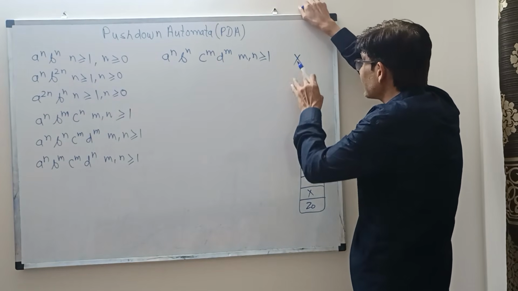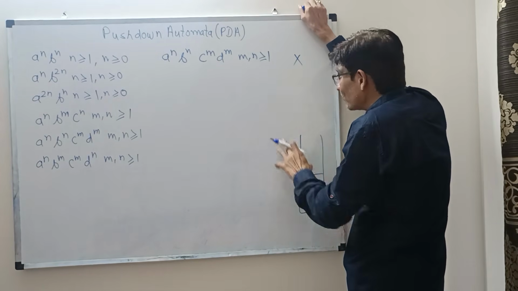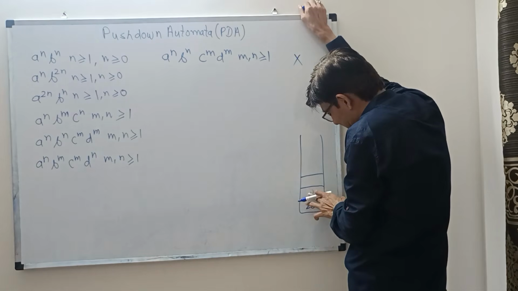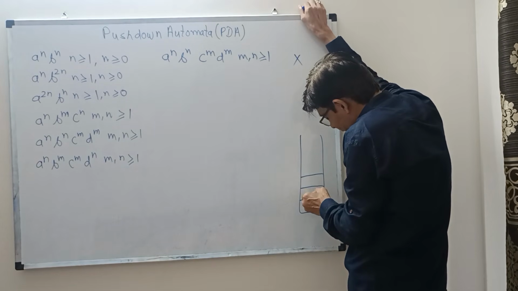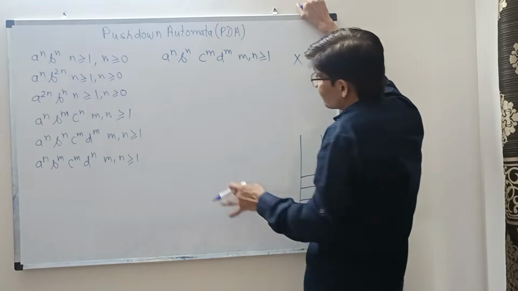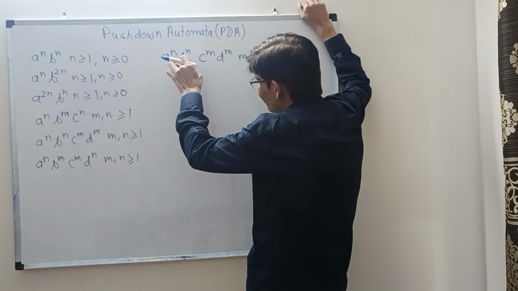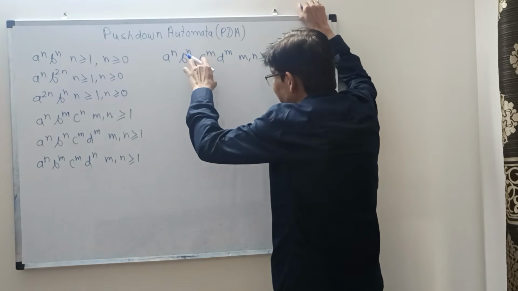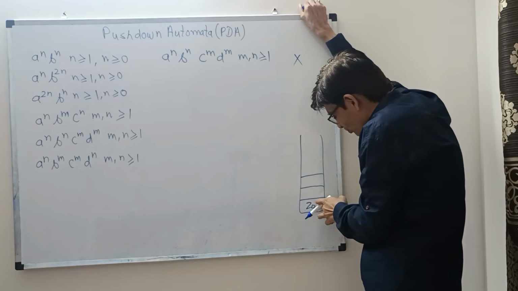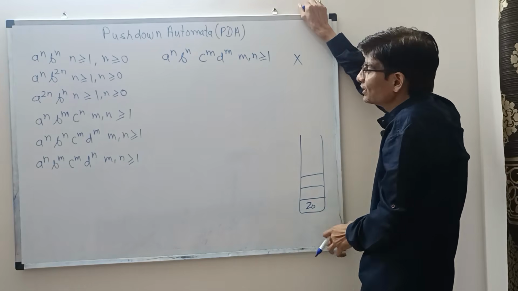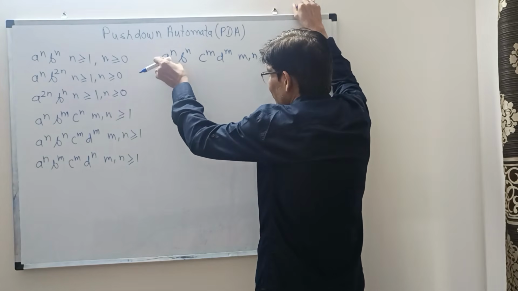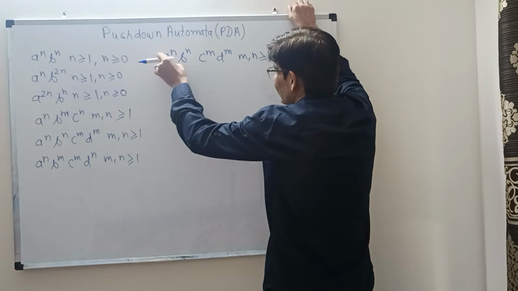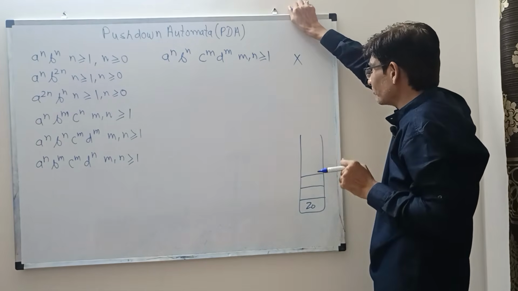And whenever you are reading B, you will pop one symbol X from the stack. And if the number of A and number of B are the same, then when you are reading the first C, Z0 must be on the stack top. In this way we will ensure the number of A and number of B are the same.